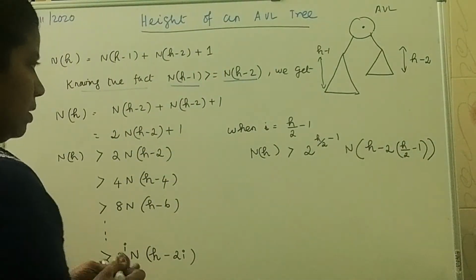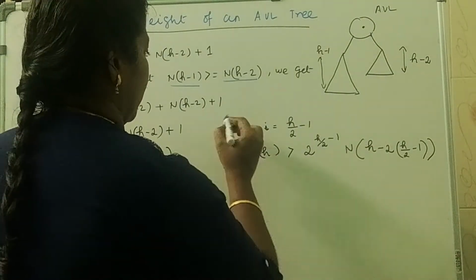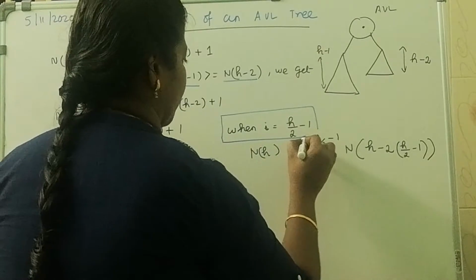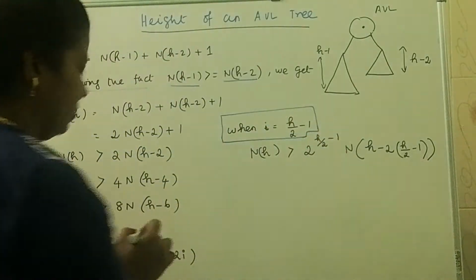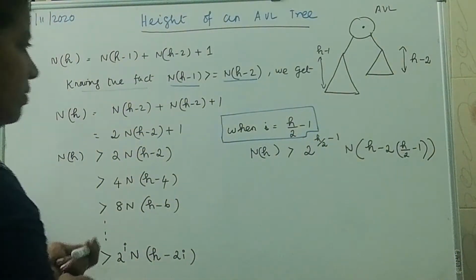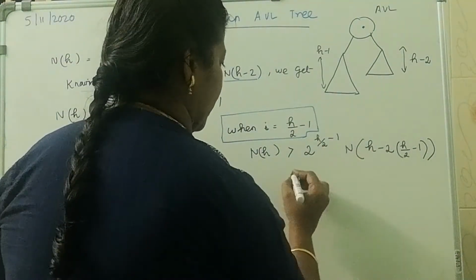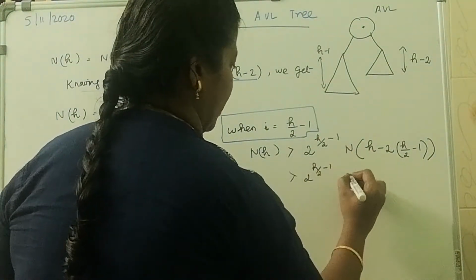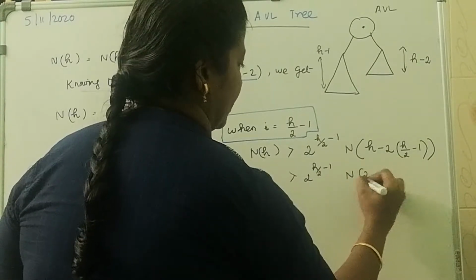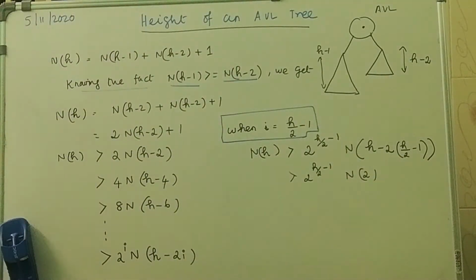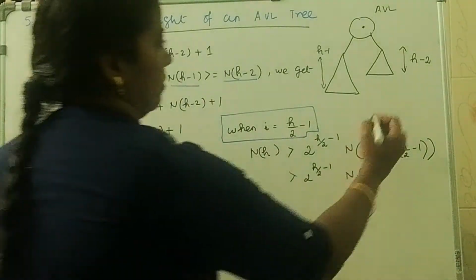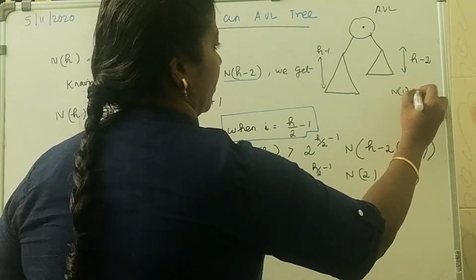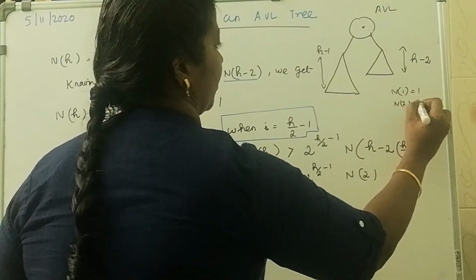Now this is when i equals h by 2 minus 1. Fine. Now when we solve this, we get 2 to the power h by 2 minus 1, so we'll get n of 2. From the base we have discussed, n of 1 equals 1 and n of 2 equals 2.